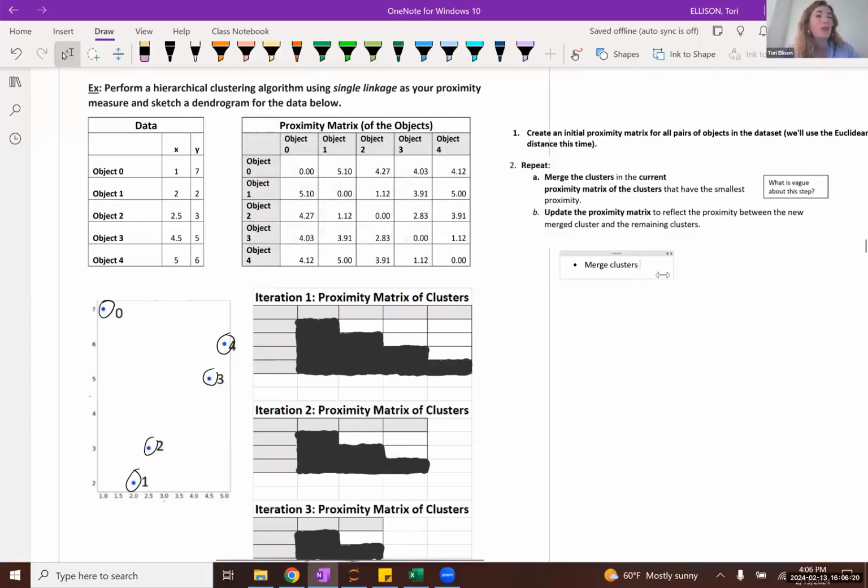I'll give you a hint. There's actually two potential answers you could give. Yeah, exactly. So you could have either gone with object 3 and 4 or 1 and 2, as they have the two smallest distances in this matrix.